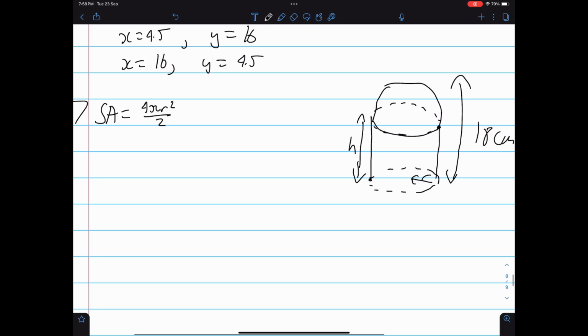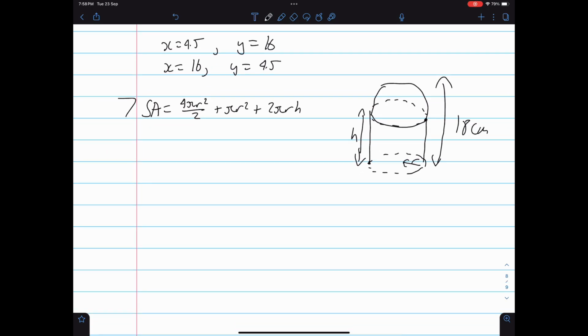And that cylinder, you'll get one will be pi r squared, and the other will just be 2 pi r h to account for that circumference and height that makes that rectangle when you make that net. And we're saying that this is just equal to 205 pi.